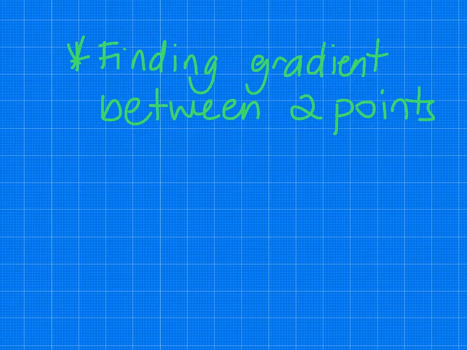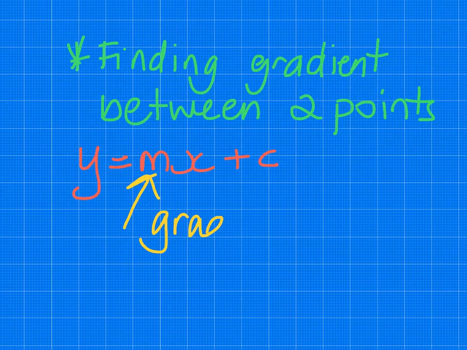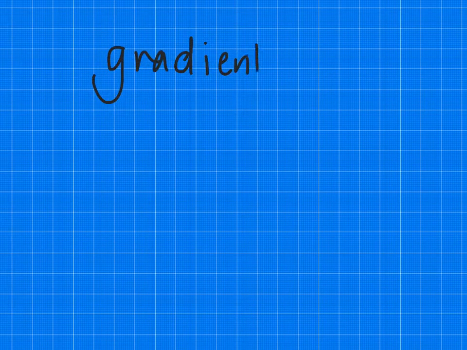Now remember from class, we have this general form, and it's this part here that we are interested in. This m is our gradient. Okay, so we want to find out our gradient between our 2 points.